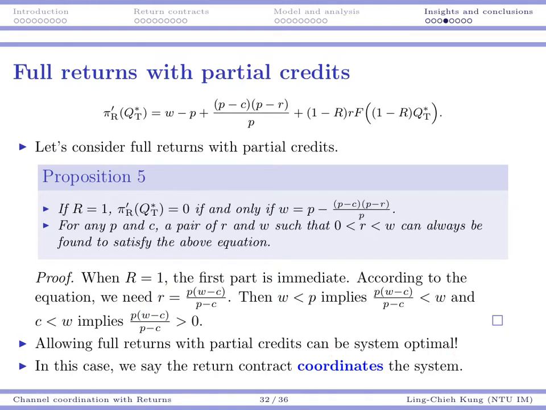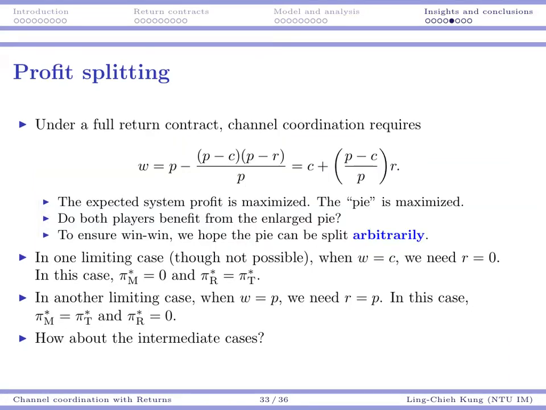Then we say the return contract coordinates the system. This result is significant. We have shown that as long as we allow returns with partial credits, it is possible to find system optimal coordinating return contracts.